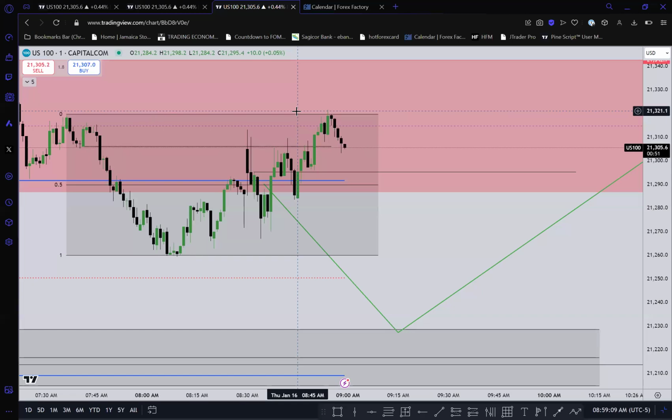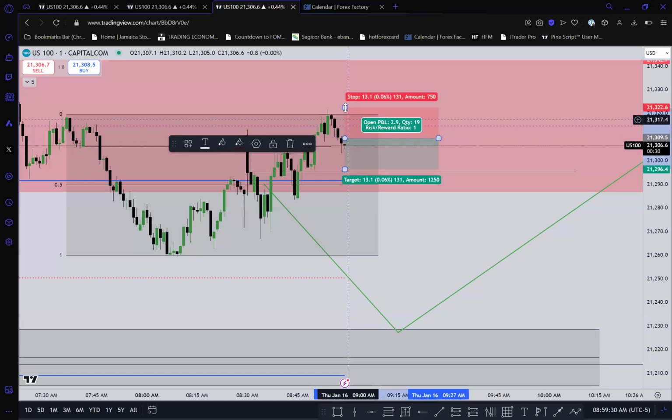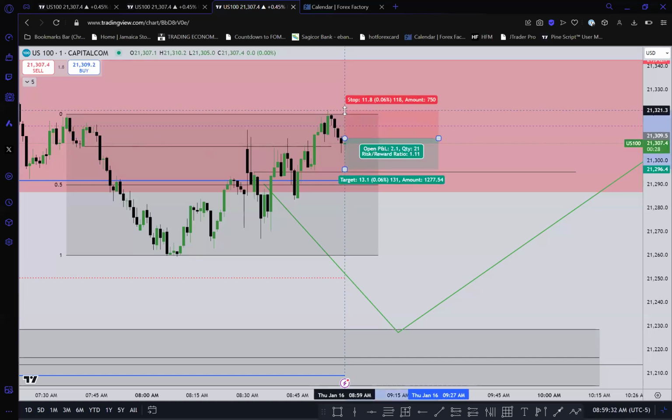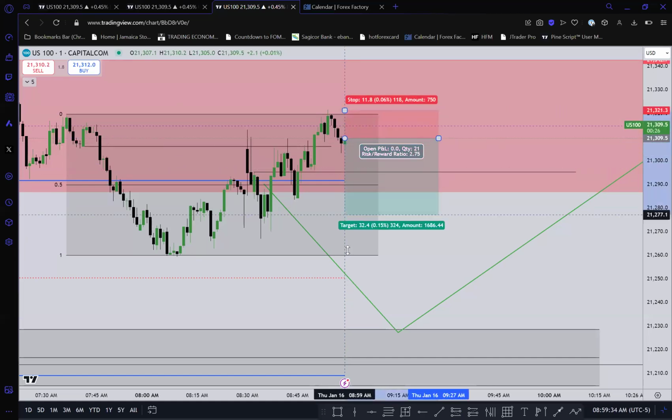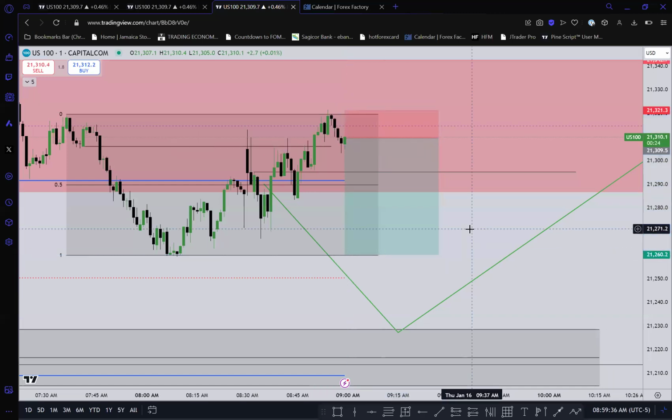They don't want me to participate at all. Yeah, if we can just wick back inside there, I'll entertain that. Stops there. And then if it's done playing around, it's going to reach for that low.